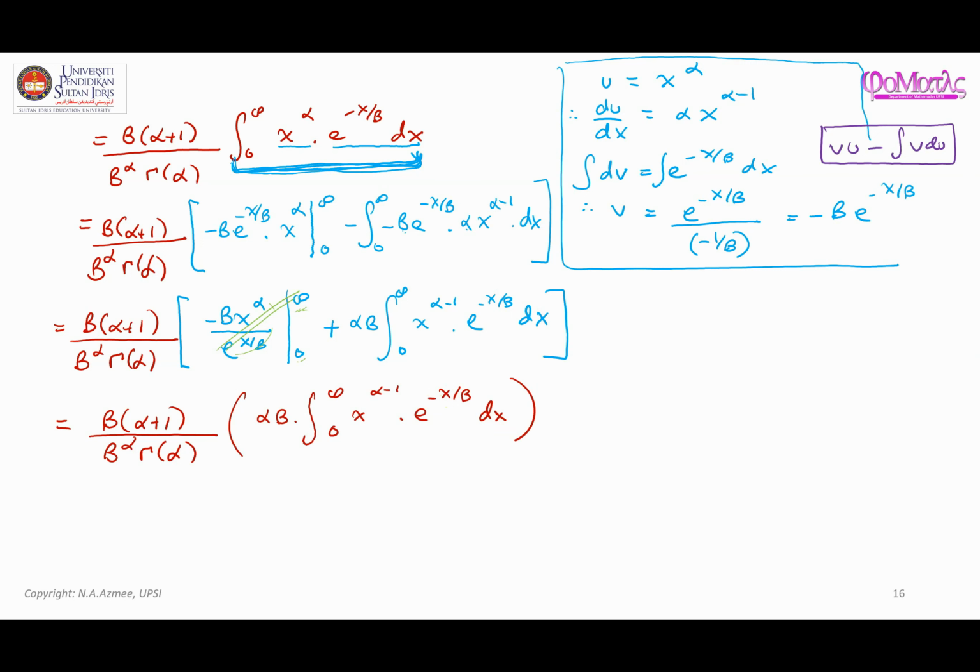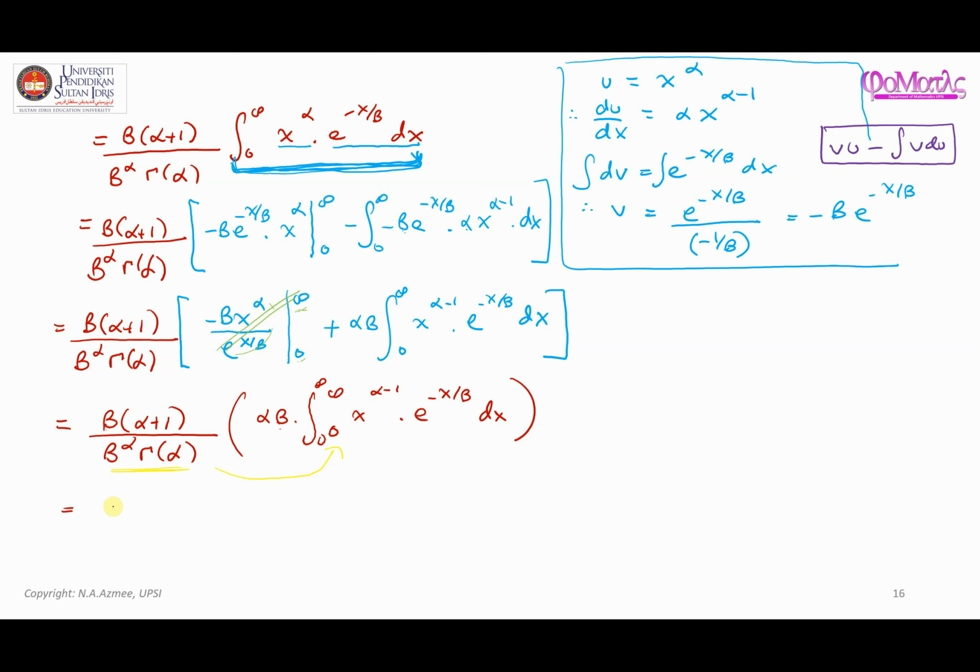Now, I hope you can see that I can consider taking this part here inside this integral. Okay, so that's what I'm going to do. This is from 0 to infinity. So what we have here is now alpha beta, and I'm going to multiply that with beta.